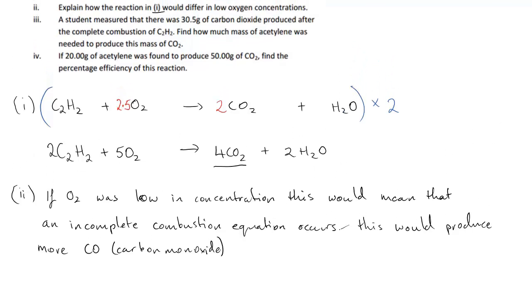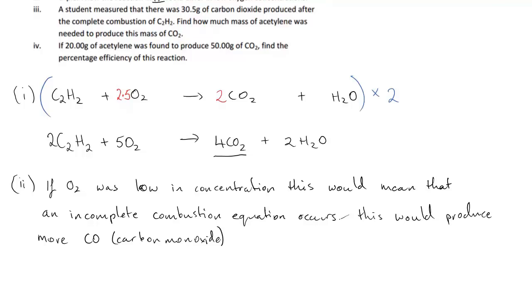Okay, so question 3. A student measured that there was 30.5 grams of carbon dioxide produced after the complete combustion of C2H2. Find how much mass of acetylene was needed to produce this mass of carbon dioxide. So we know how much carbon dioxide was formed.